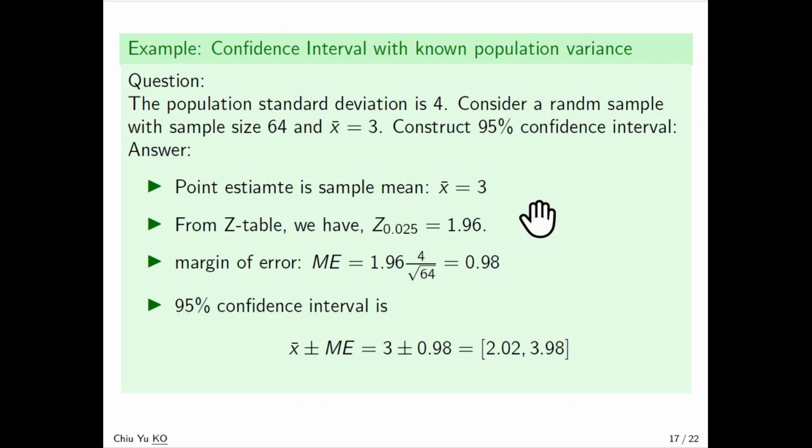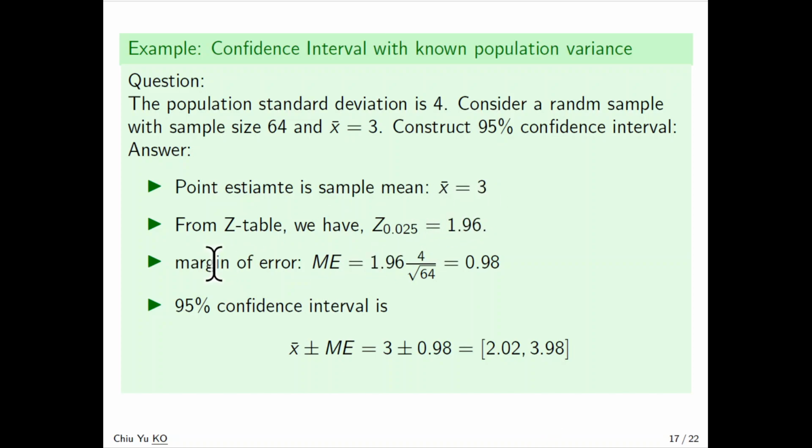Let's give an example. Consider a population standard deviation of 4, a random sample of size 64, and a sample mean of 3. Let's construct a 95% confidence interval. The point estimate is very simple: the sample mean, which is 3.